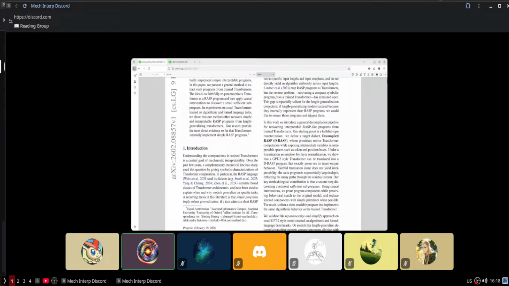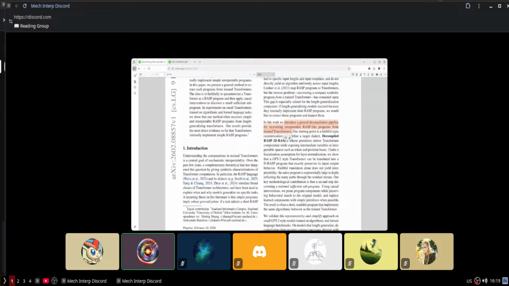Fully reparameterize a transformer as a RASP program, and then apply causal interventions to discover a small sufficient subprogram. I guess it's similar to the original grokking modular addition paper, where you have the trigonometric algorithm that if you delete, you delete a lot of the explained variance.